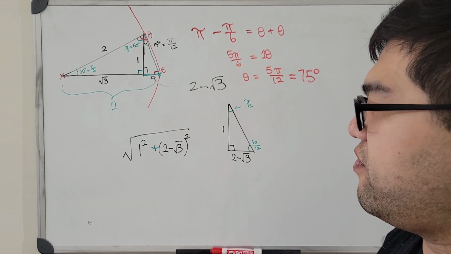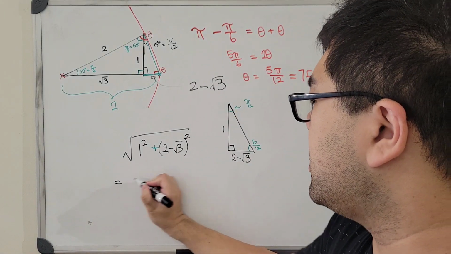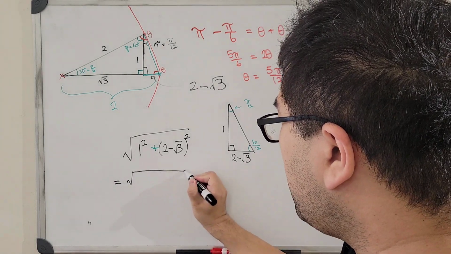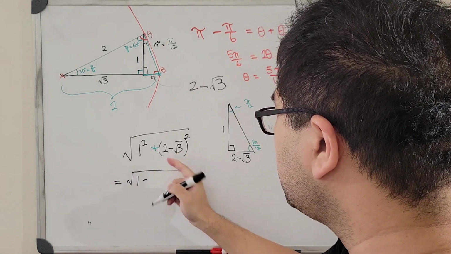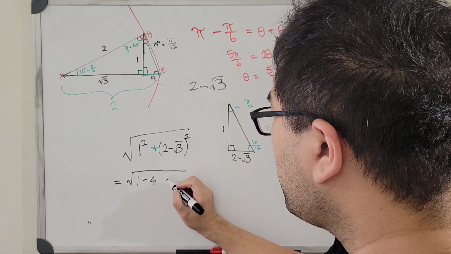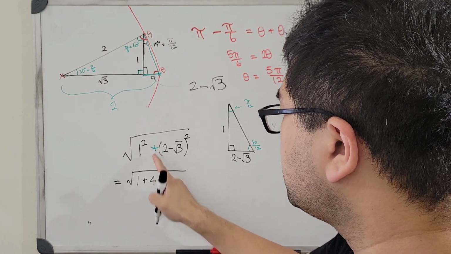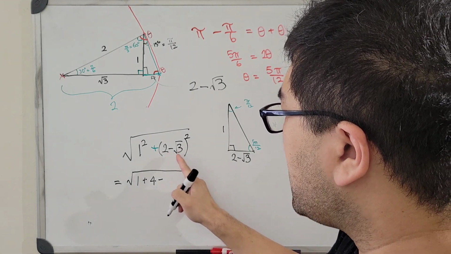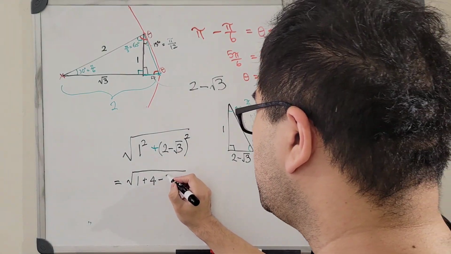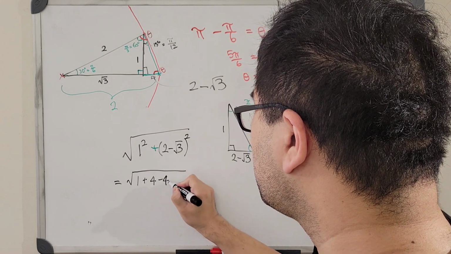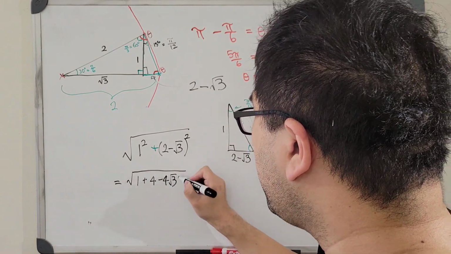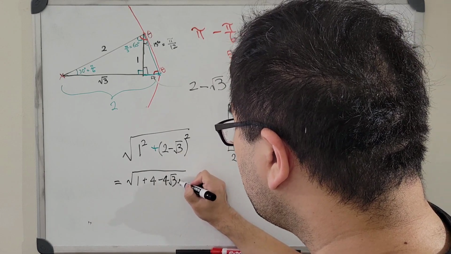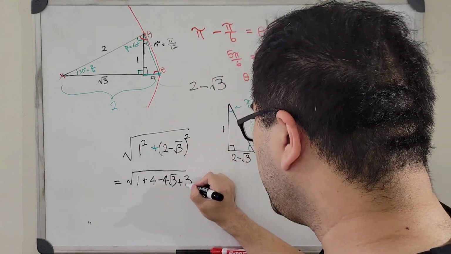And as we try to simplify it, we'll get the square root of 1 plus 2 squared, which is 4, minus 2 times the first term times the second term, which is 4 radical 3, and then plus the square of the second term, which is just 3.